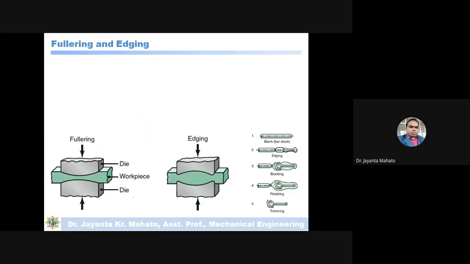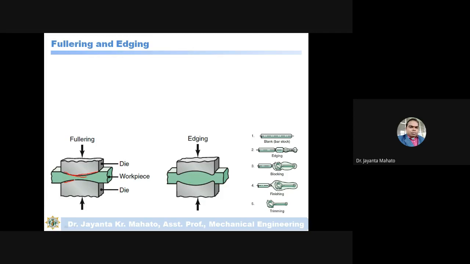Another two terms are fullering and edging. Fullering means if you want to flow the material outward, you want to thin the material in this portion only.